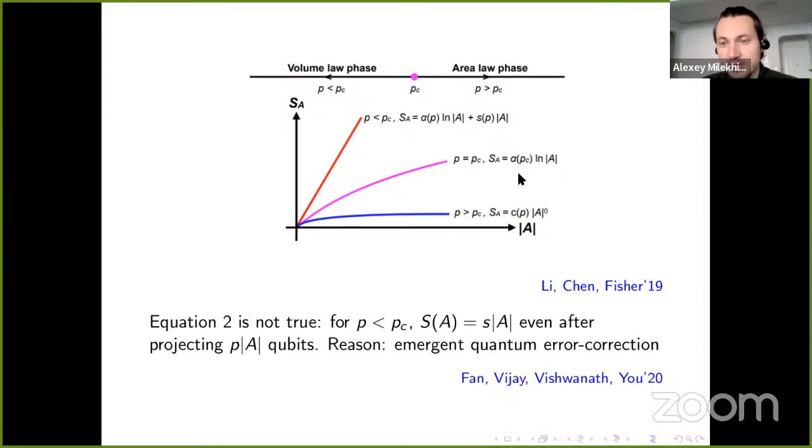So in some sense it can be zero central charge, but there you still have logarithmic scaling of entanglement. So this coefficient is not vanishing. And actually, this emergent quantum error correction picture can explain this as well. Thanks.